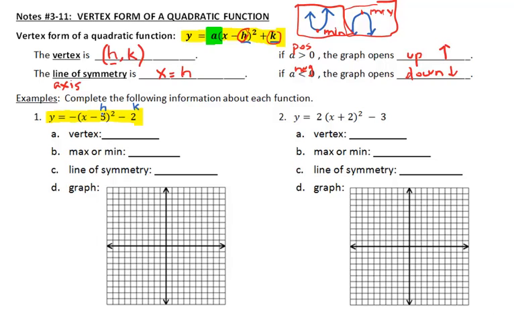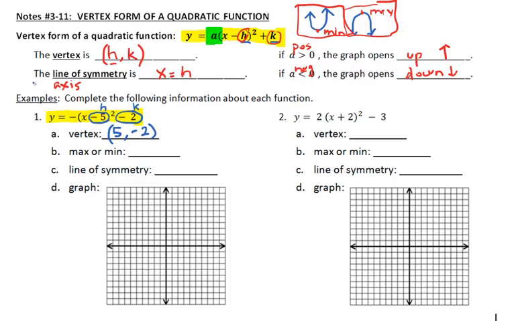For the h, we look at it as the opposite of what I see here. This says negative 5, so it's actually positive 5, if you remember that from our transformations. The k is that number added on the outside, and that's negative 2. So our vertex is (5, -2).